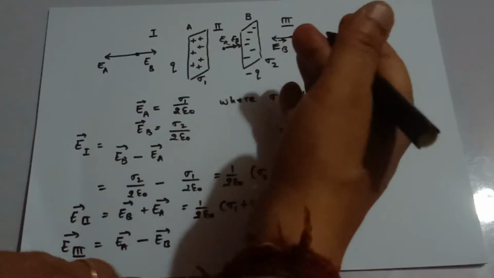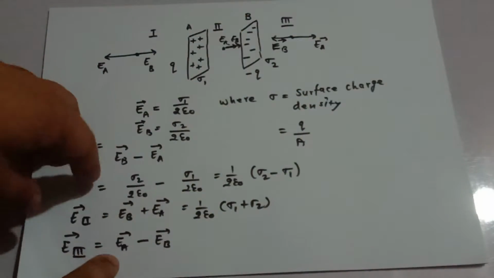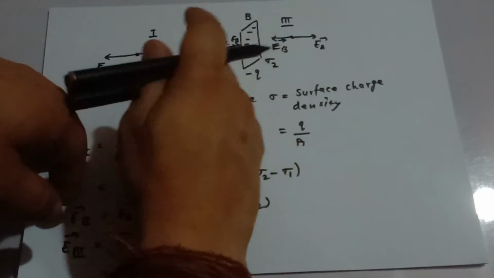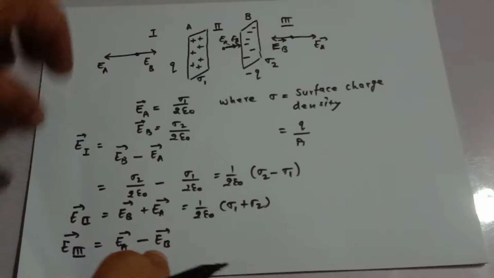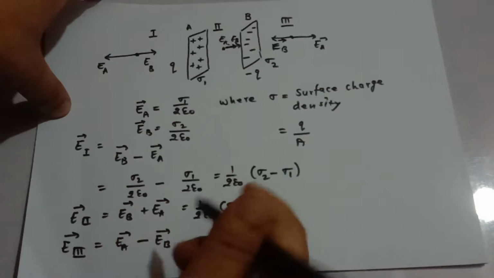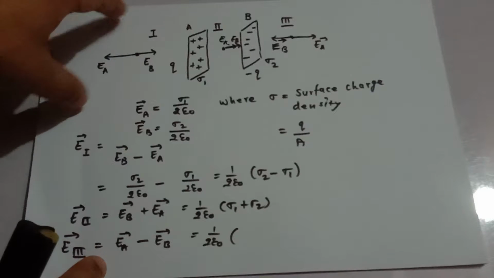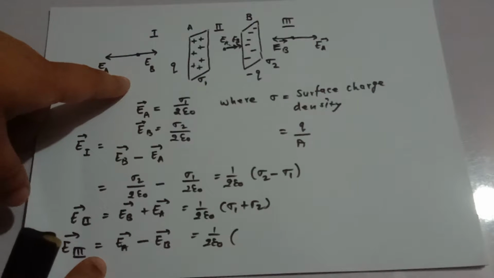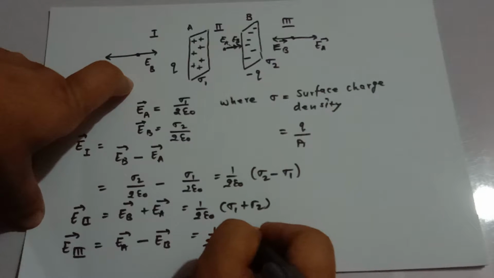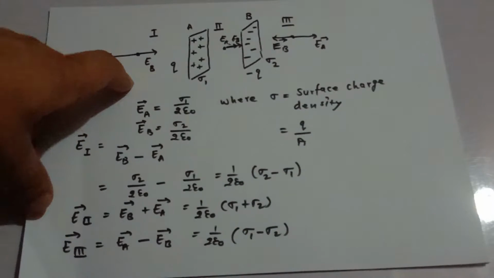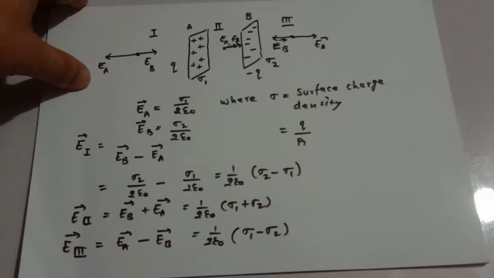Anything going right I take as positive, and on the left-hand side I take as negative. So that should be 1 by 4 pi epsilon naught, and this time EA is sigma 1, so you can write sigma 1 minus sigma 2. So that is the electric field.